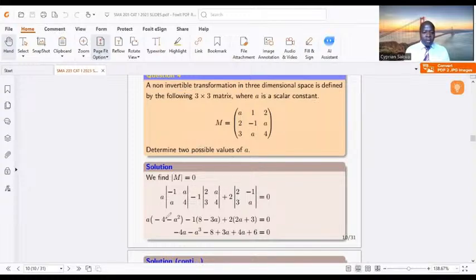That is why I found the determinant, and I did that along the first row. Along the first row, element A is multiplied by the determinant of the matrix that remains when you delete the row of A and the column of A. So that is -1, A, 4.